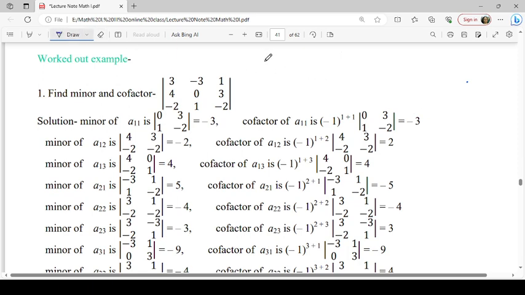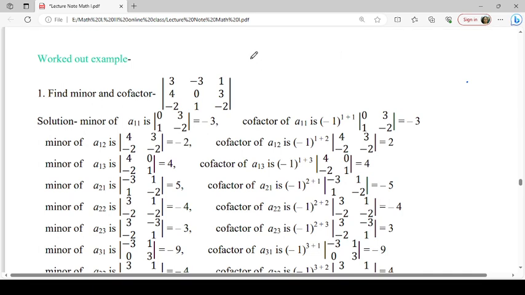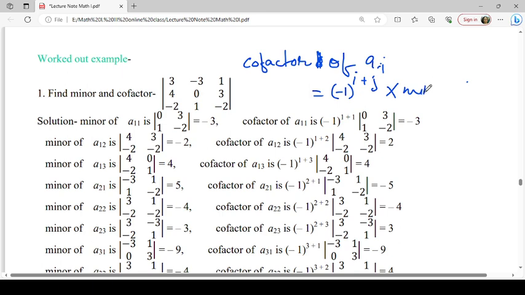So we write the cofactor of aij is equal to minus 1 to the power i plus j into the minor of aij, and the cofactor of aij we denote as capital Aij.